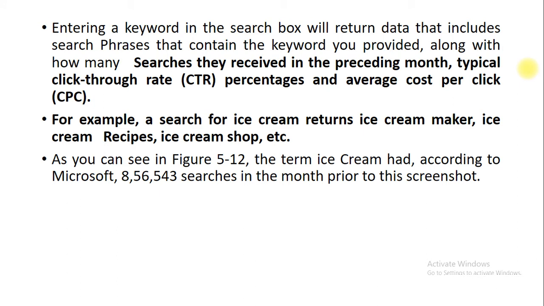So entering a keyword in the search box will return data that includes search phrases that contain the keyword you provided, along with how many searches they received in the preceding month. Typically CTR, which stands for click through rate, as a percentage, and average cost per click. So when you want to see how many clicks are performed or how much cost per click you need to give, you will get that information using the Microsoft Ad Center tool for the preceding month. Preceding month means the month before this month: what were the click through rate and the average cost per click.